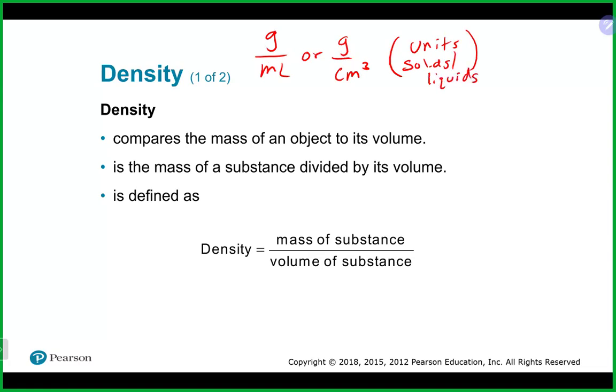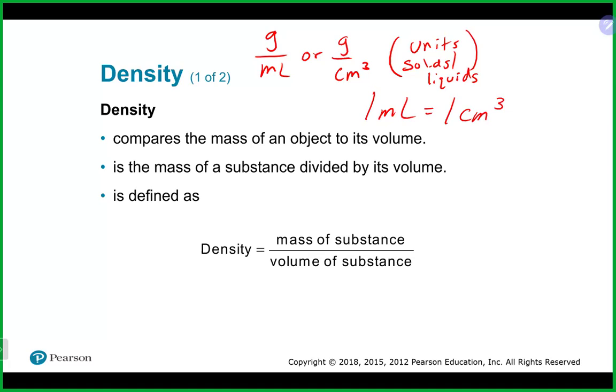We don't deal too much with it, but gases typically have density in grams per liter, but for the most part, you will come across grams per milliliter or grams per cubic centimeter. A reminder that 1 milliliter is the same as a cubic centimeter. It's a 1-to-1 conversion. The number usually goes with the grams part, and it's usually 1 milliliter or 1 cubic centimeter on the bottom.